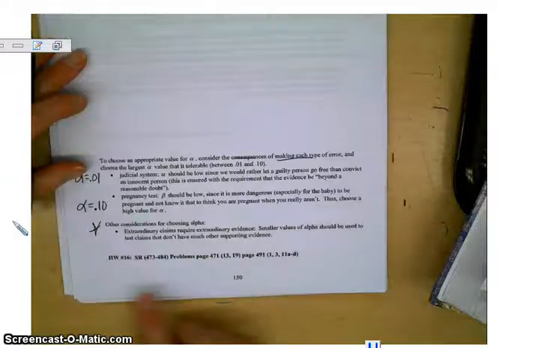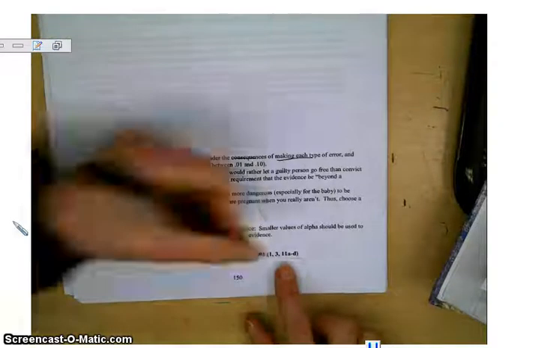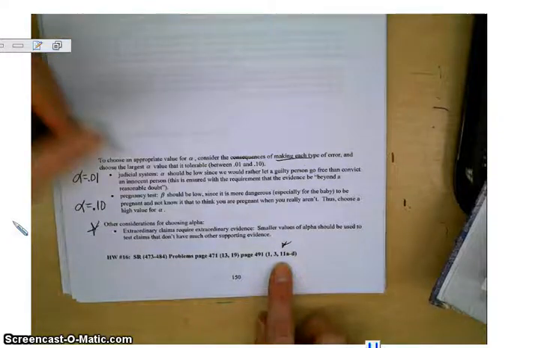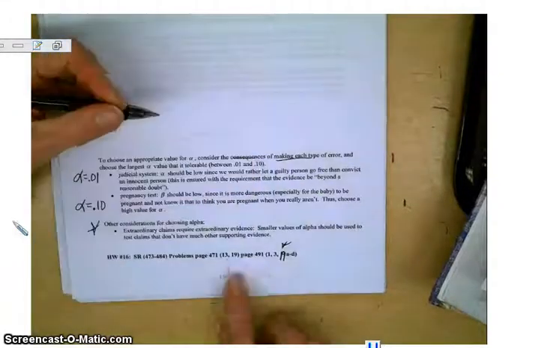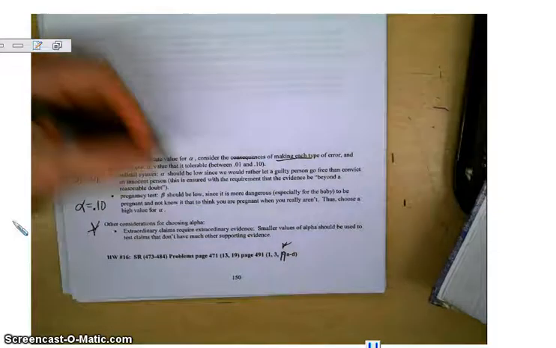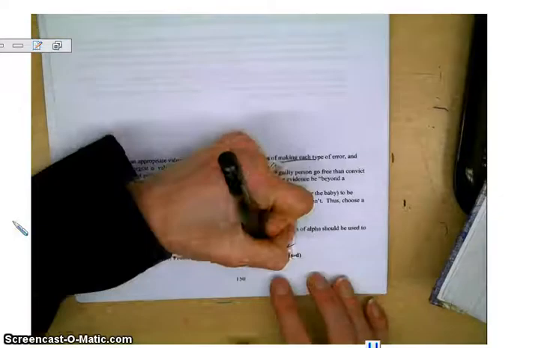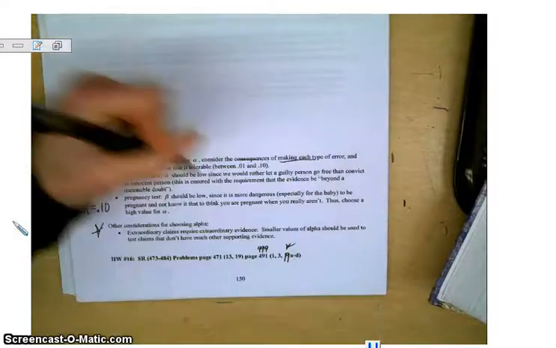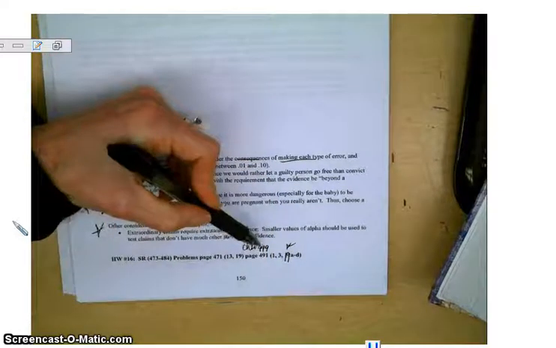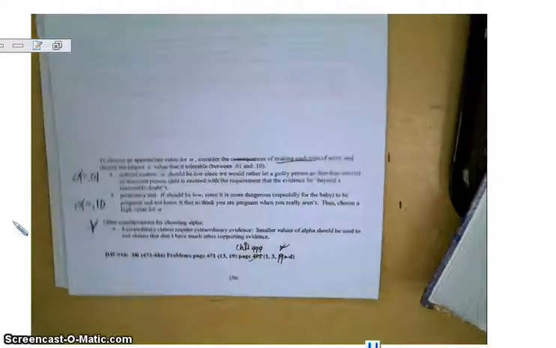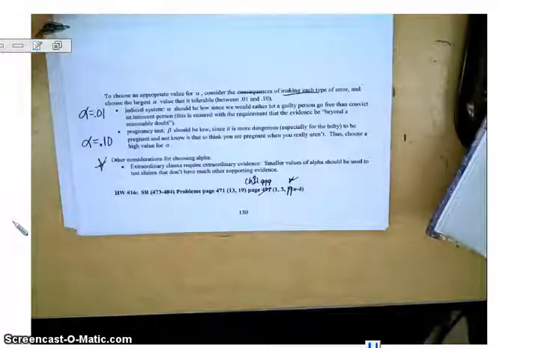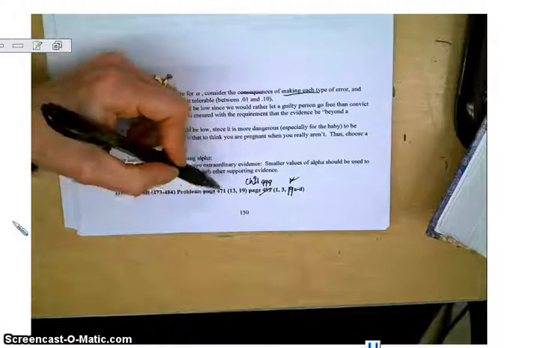On your homework, there's a mistake here. This last problem on page 491 should not be problem 11, it should be problem 19. I think the pages are a little different too. This actually starts on page 499, after chapter 21 here, not page 491, and that's problem 19, A through D. The other page, I believe, is correct.